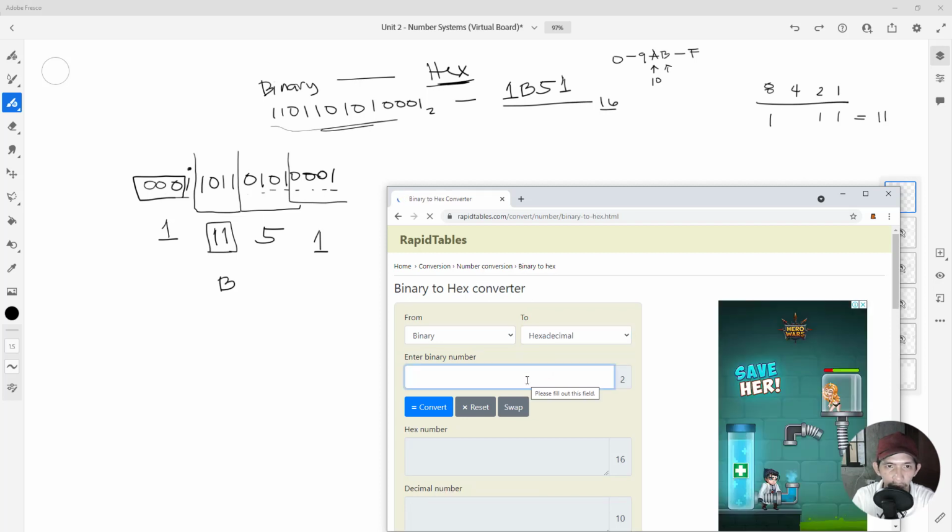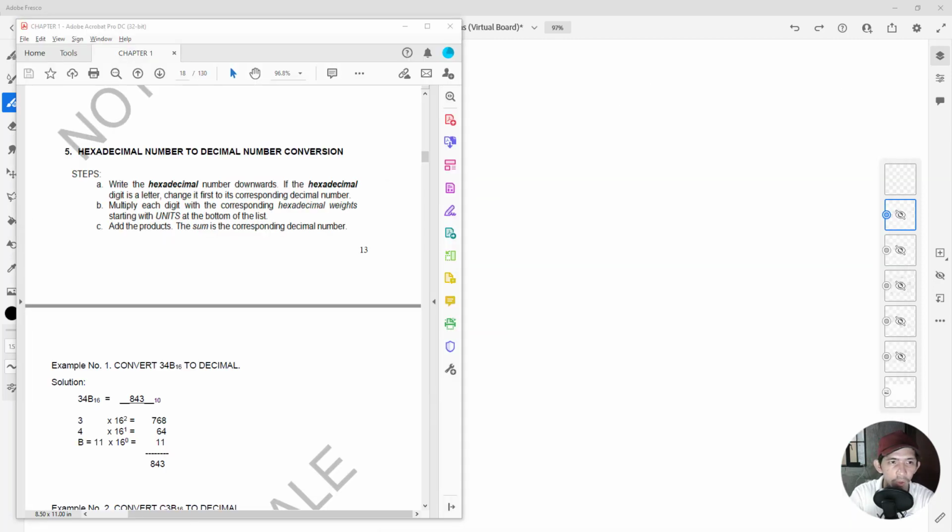So, para ma-check lang natin, that is 1, 1, 0, 1, 1, 0, 1, 0, 1, 0, 0, 0, 1. Then, if you convert it, that is 1B51. So, we have right answer. So, that's how you do binary to hexadecimal. Alright? So, let's proceed to the next conversion.